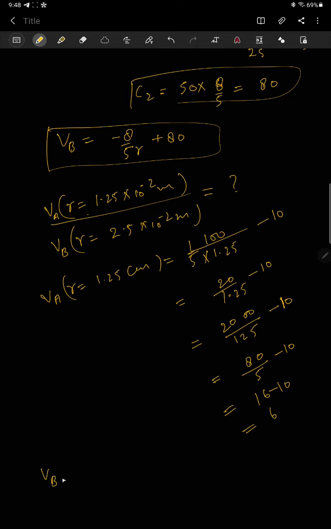Now we will evaluate VB. So what is this? Minus 8 by 5 and R is 2.5 into 100, okay, plus 80.